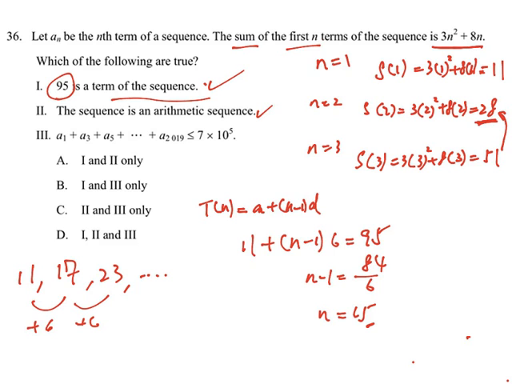Number 3, actually A1, A3, A5. That means we skip terms: A1, A3, A5. The difference is 12. And then 2019, how many terms? Actually we can do it like this: add 1.